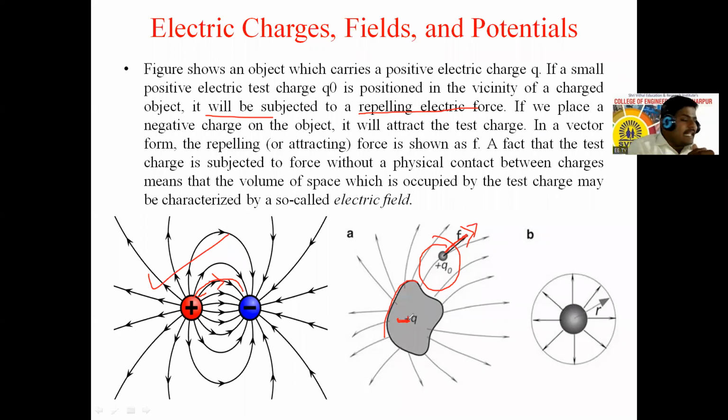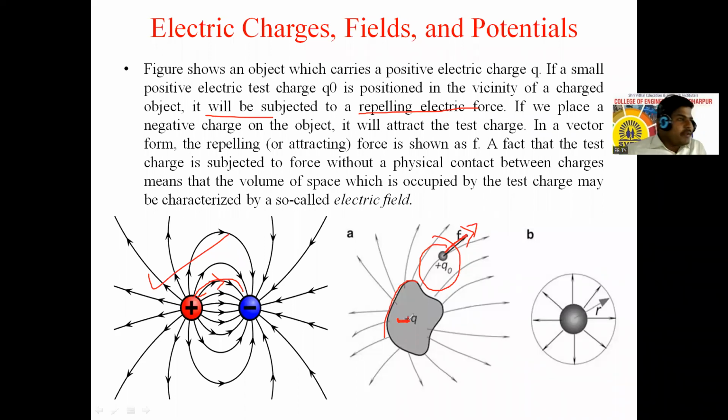So this is called electric field. So see, without a physical contact between the charges, the volume of space which is occupied by the test charge may be characterized by what is called an electric field, right?